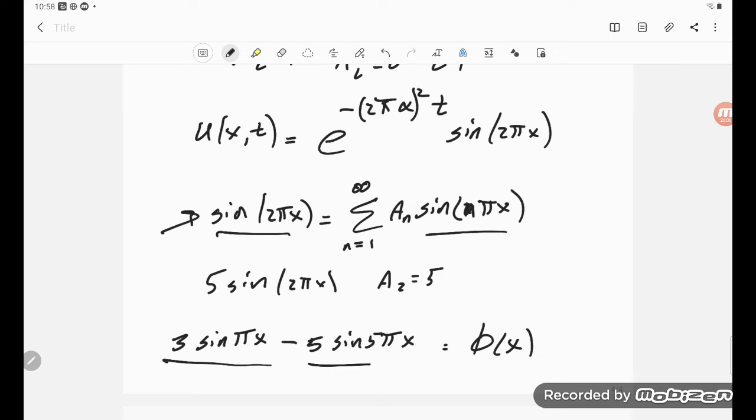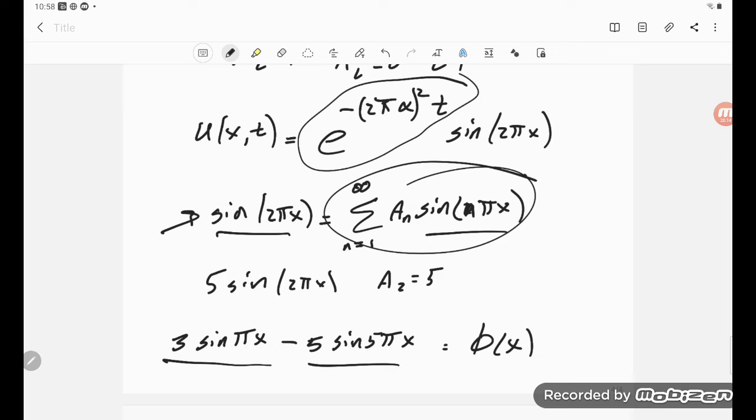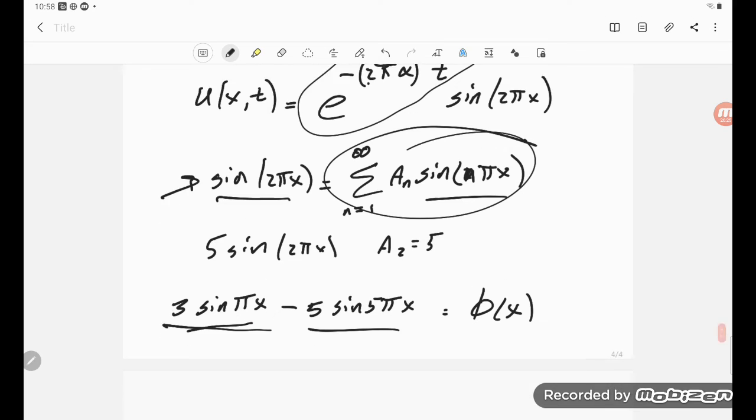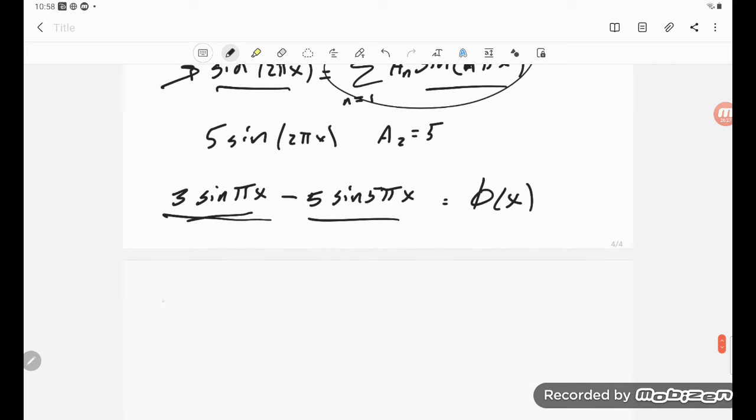This would then just be my stuff over here, and I would need to multiply it by that e to the negative n pi. So again, I would need that for each of these, right?